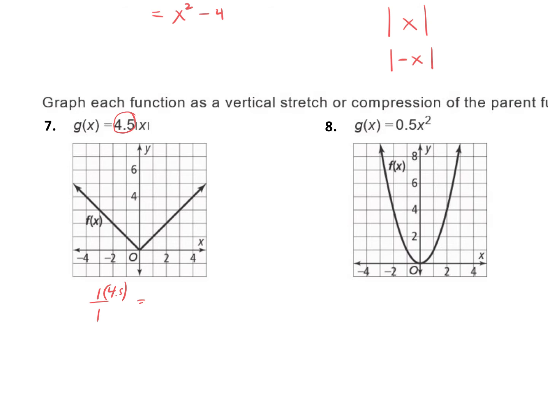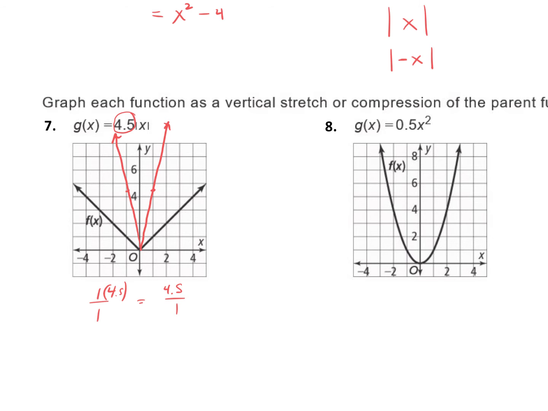So now our pattern is up 4.5 over 1, and we would just continue that over and over. So up 4.5 over 1 puts us there. We'll get the same points on the other side, up 4.5 over 1, and this was a stretch. You can see how our V got more narrow.